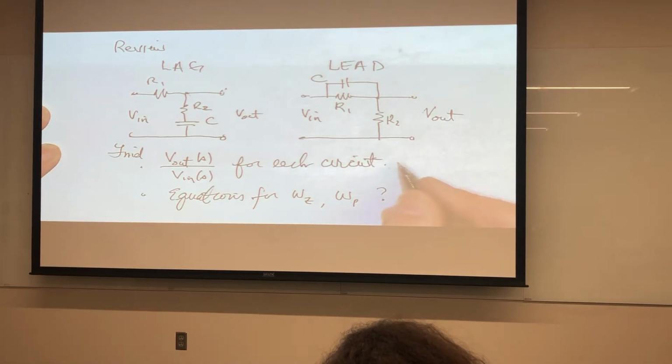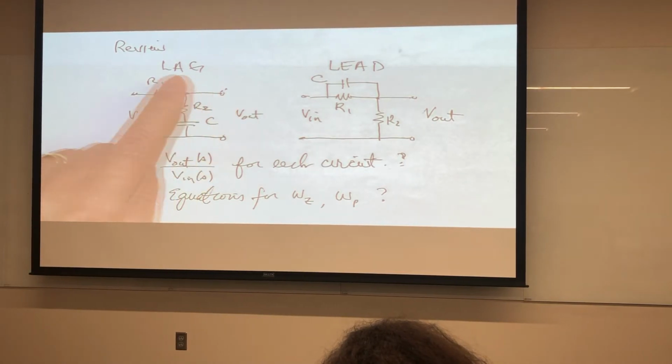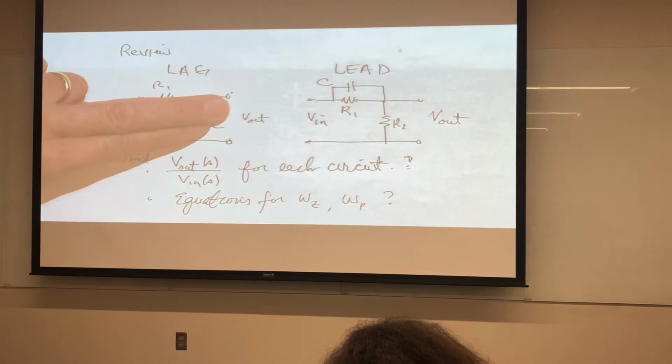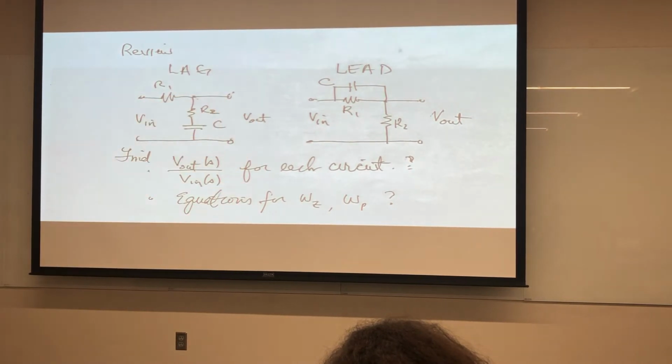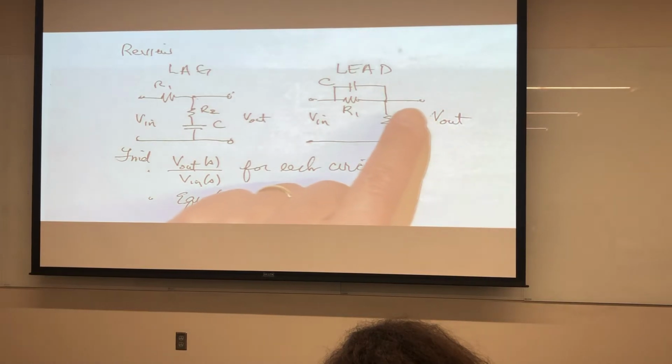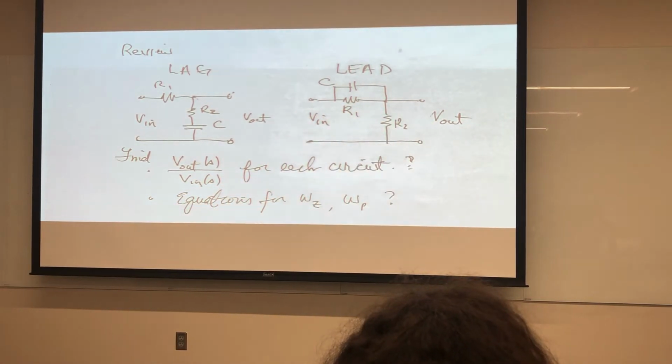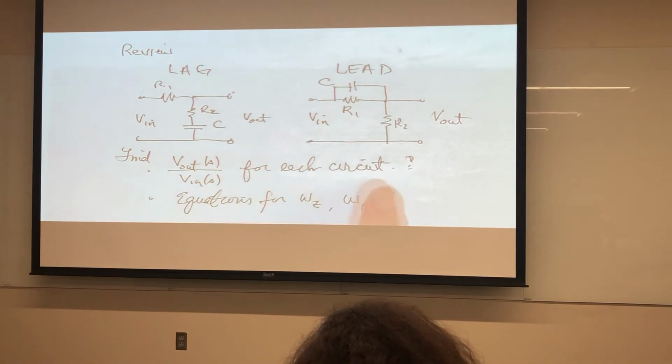Okay, so this is one question, and here's another one. With this circuit, at low frequency, the capacitor is open, and then Vout is equal to Vin, and so we have a gain of 1. With this circuit, at high frequencies, the input and output are the same, and so the gain is equal to 1. So in both cases, the maximum gain is equal to 1.